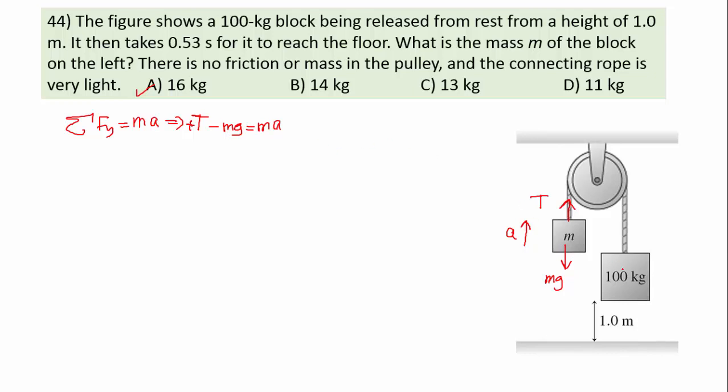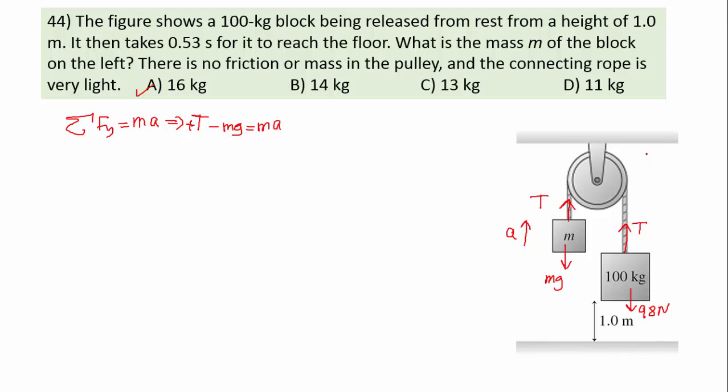So let's go ahead and look at the other mass here, the 100 kilogram. And let's look at the forces acting on it. We have, again, the same tension here upward, which is equal to this tension, since the rope is massless and the pulley is frictionless. And we have the weight downward, which is 100 kilogram times 9.8. So basically it will be 98 Newton.